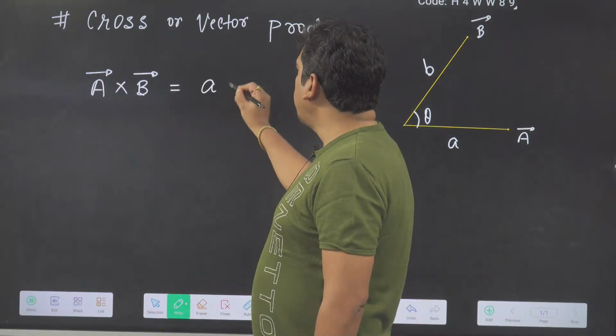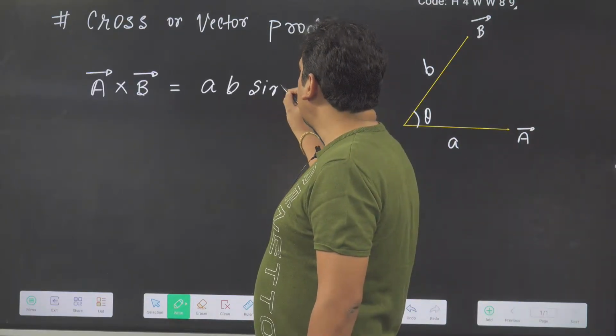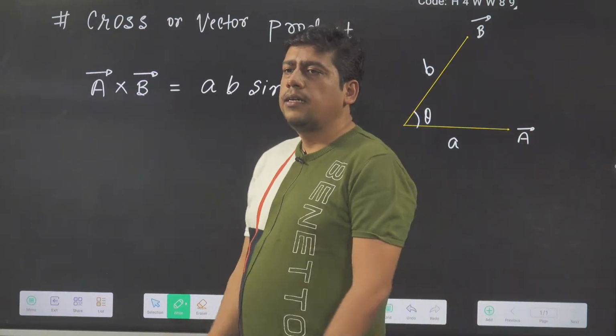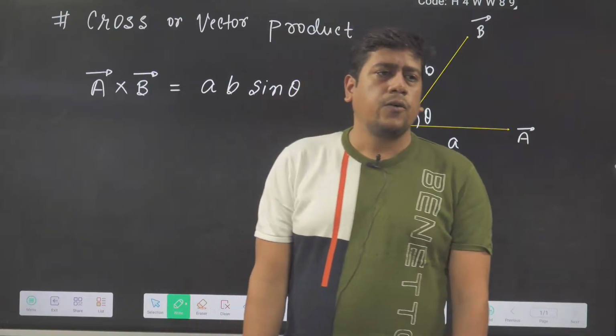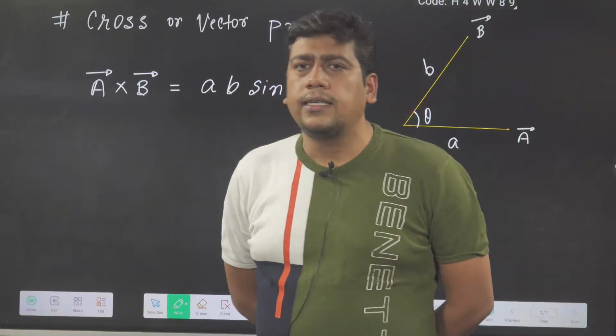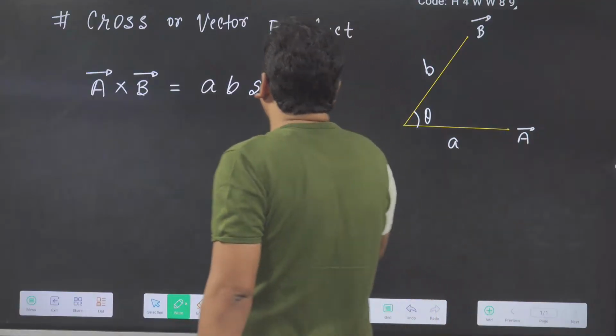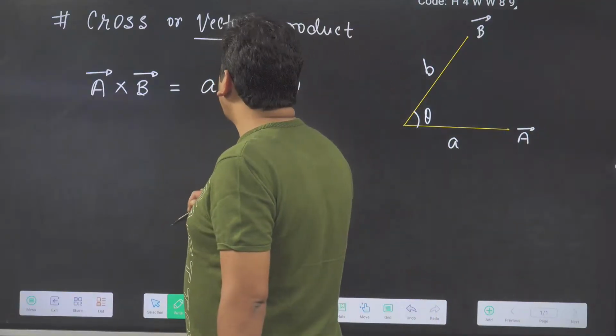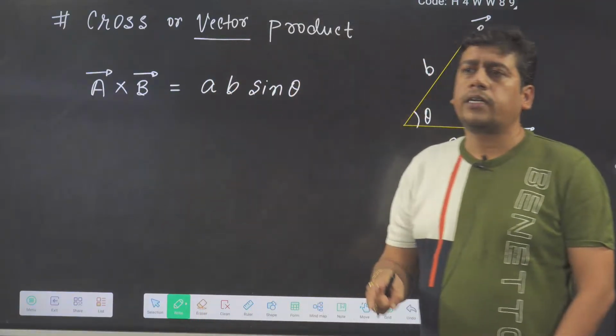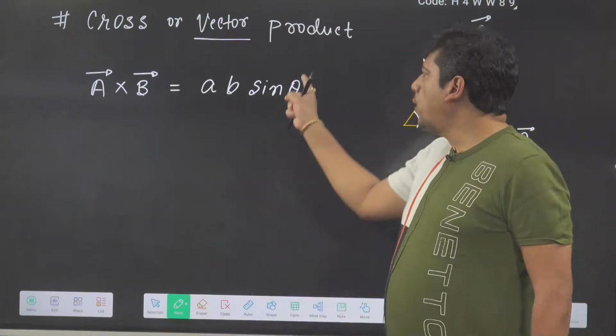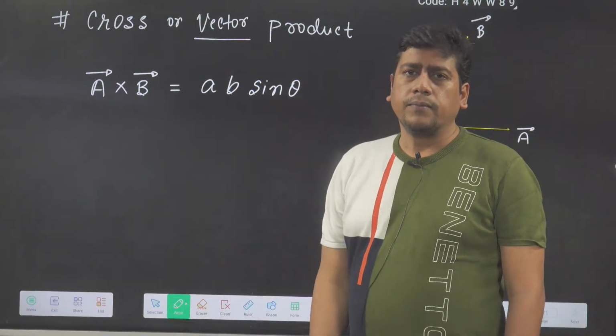So its magnitude is defined as AB sin theta. But understand, bacha, this is the magnitude, correct? AB sin theta is the magnitude. But I told you it is a vector product. So if it is a vector product, it means the final thing should be a vector quantity. Right now it is not looking like a vector quantity. है ना?